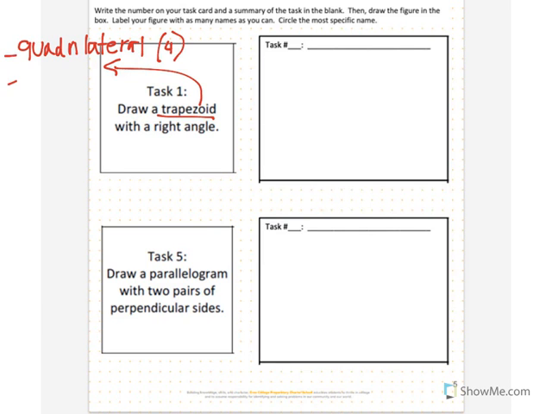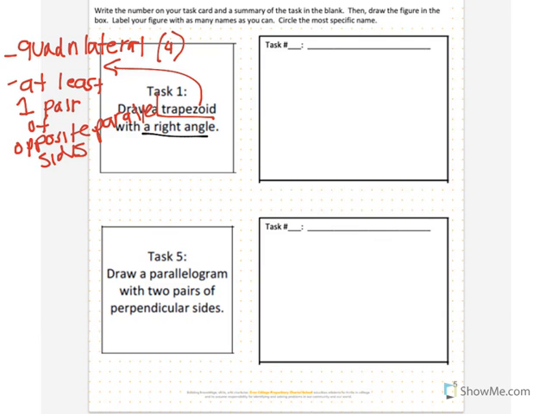It must have at least, so it could be more, at least one pair of opposite parallel sides, with a right angle. So it needs to have at least a right angle.